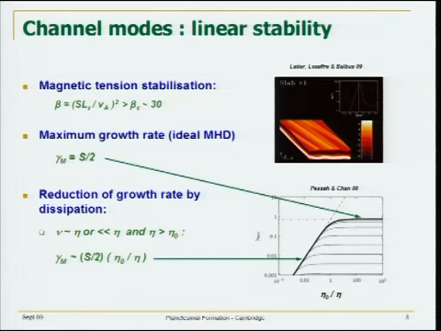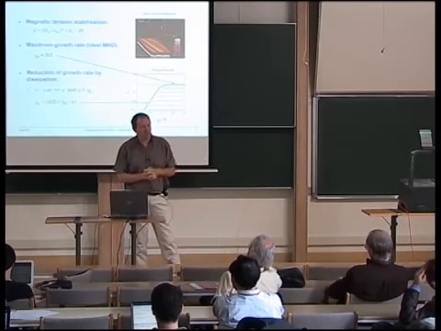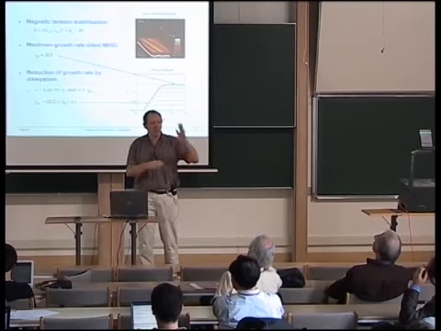When you add some dissipation, and the situation I'm most interested in is when the viscosity is small compared to the resistivity, so that we're in a small Prandtl number regime, which is the one relevant to protoplanetary disks, you decrease this growth rate by a factor which is inversely proportional to the resistivity. This is what's shown here. In the ideal regime, maximum growth rate, and there is a decrease due to resistivity. Eventually, if resistivity is too large, the instability shuts down.